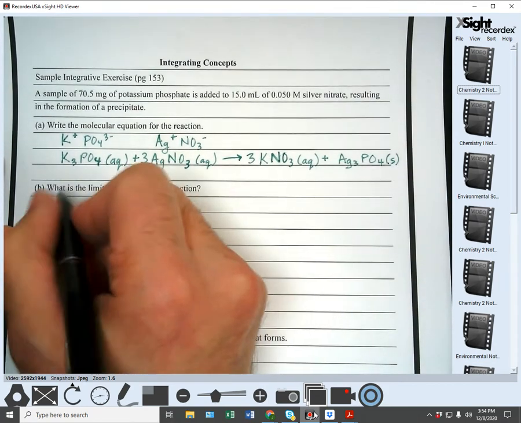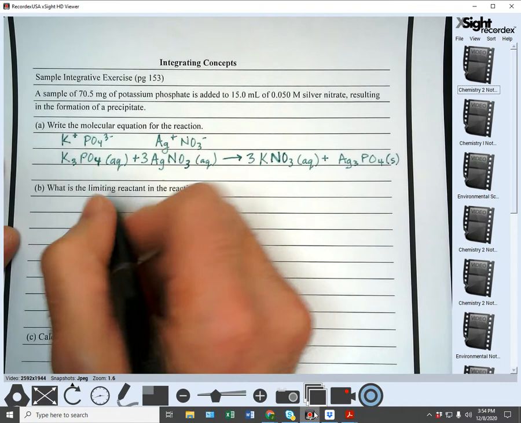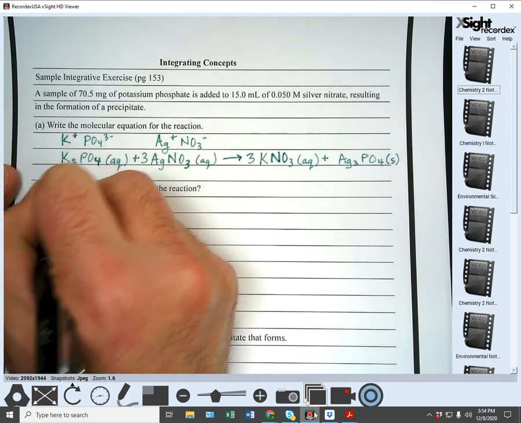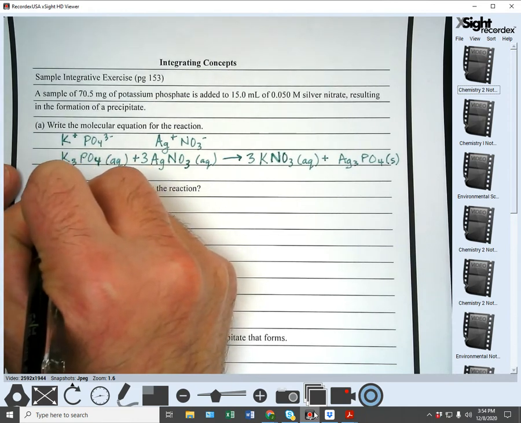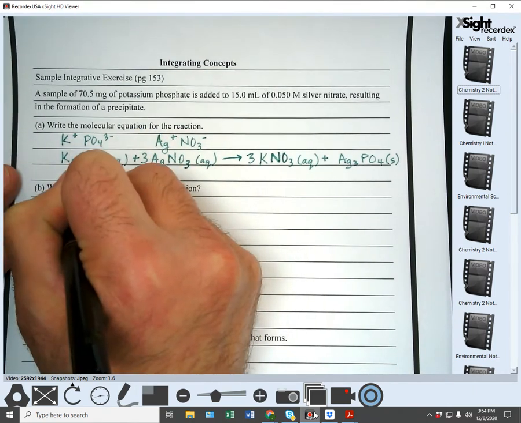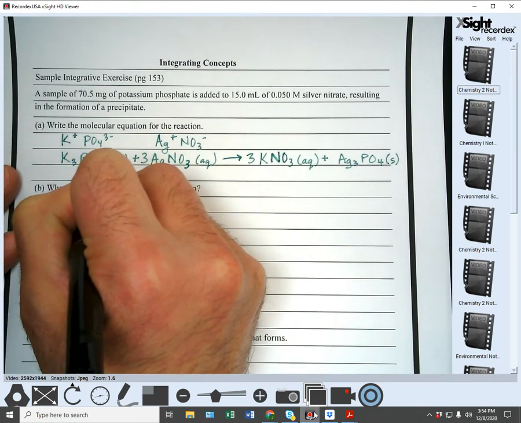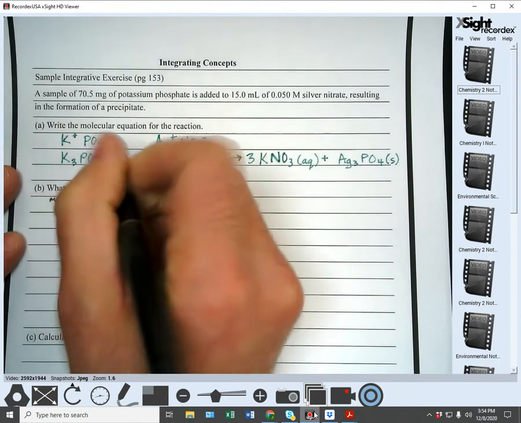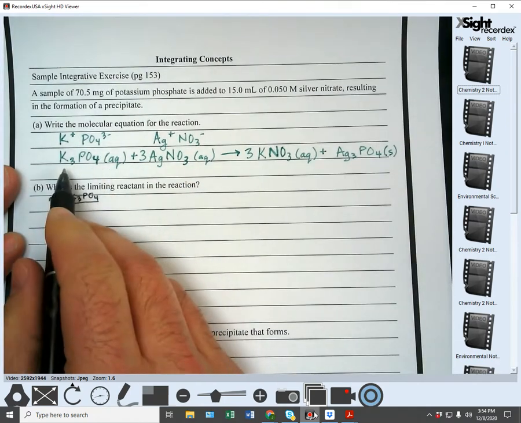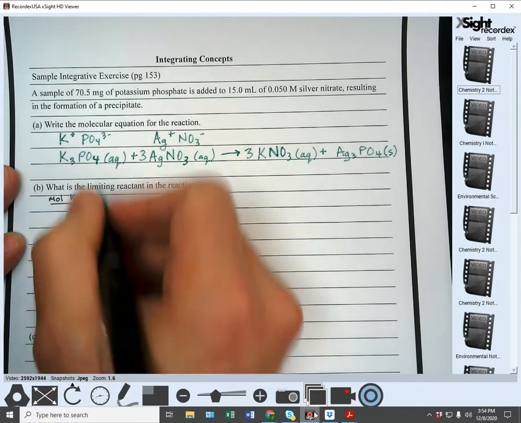So what we want to do is take the moles of K3PO4 and divide it by the coefficient, which here is just 1.